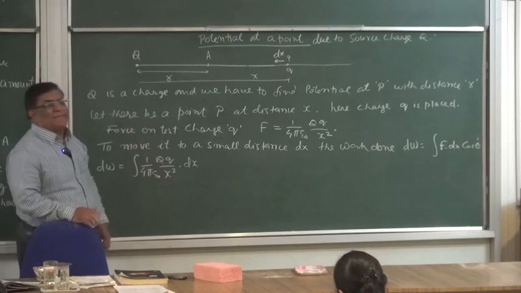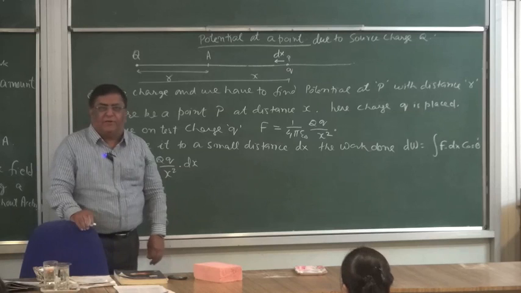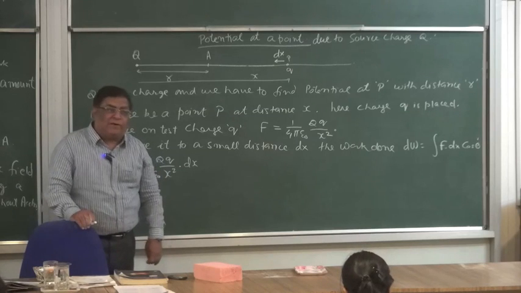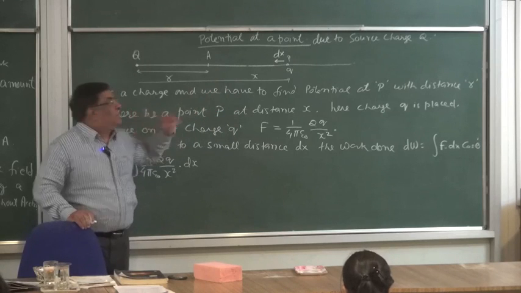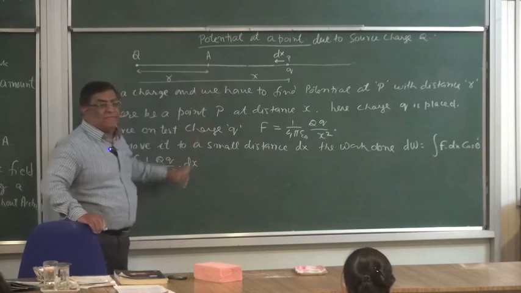Now, how much work is done according to our definition? What do we want? The total work done from infinity to this point. What is this distance?